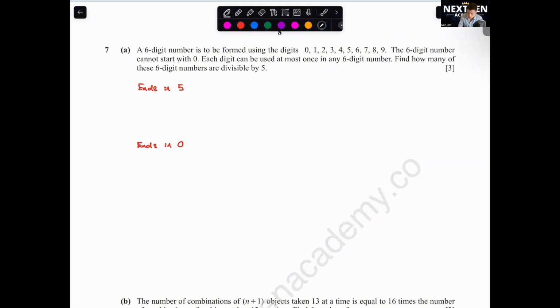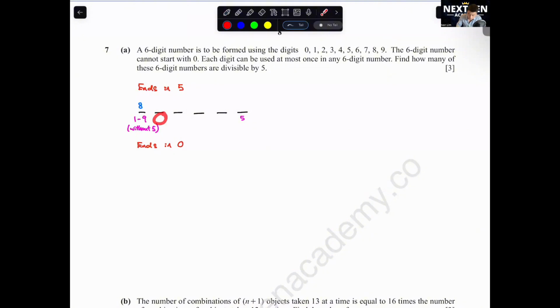So I will draw out 1, 2, 3, 4, 5, 6 lines like this. So if the last digit is 5, my first digit will be 1 to 9, but without 5. So how many digits do I have? 1, 2, 3, 4, 6, 7, 8, 9. So I will have 8 choices here. So I put 8 here.